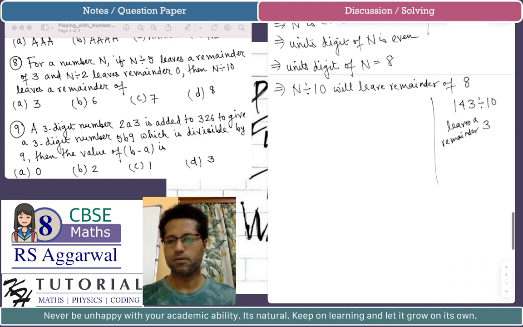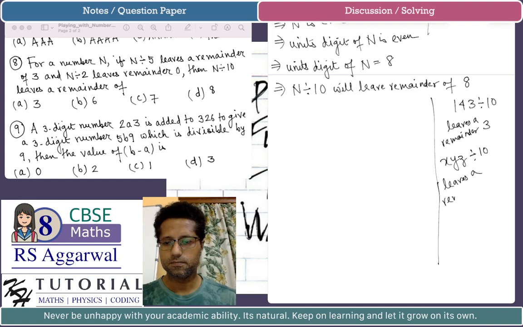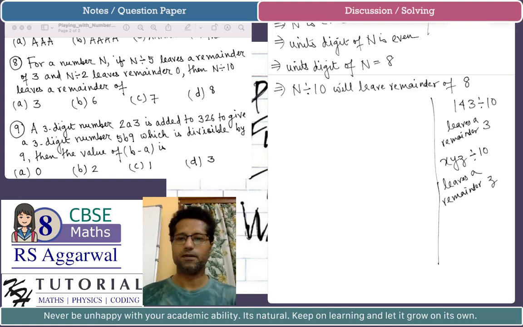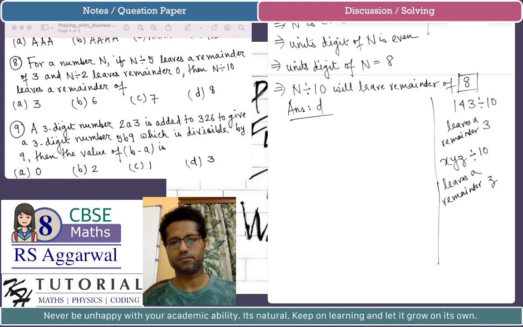Or in general you can say xyz divided by 10 leaves a remainder which is equal to the digit at the units place, that is, it will leave a remainder z. So 8 is the correct choice. 8 is the answer. That is, the correct choice is D. D is the correct choice.